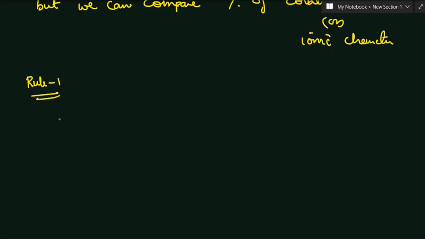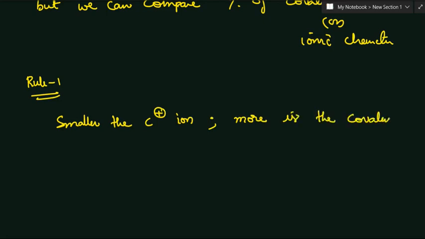Rule number one says that smaller the cation size, more is the covalent character.